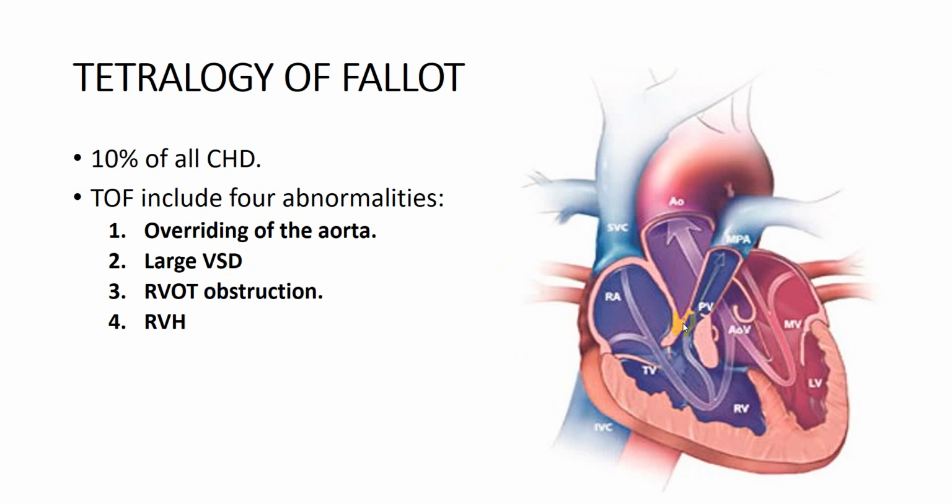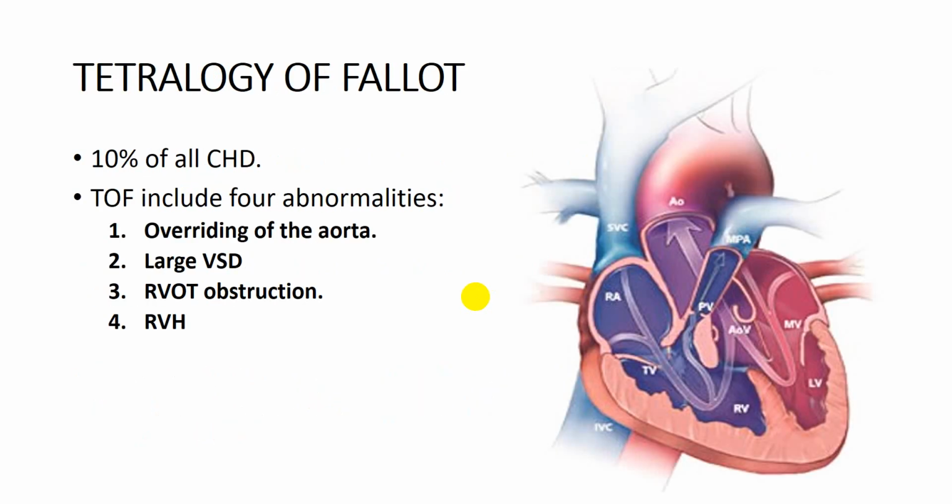The obstruction could be subvalvular, below the pulmonary valve, or valvular, that means pulmonary stenosis, and sometimes supravalvular stenosis involving the peripheral pulmonary arteries. The fourth part of the tetralogy is the right ventricular hypertrophy. So tetralogy of Fallot is composed of 4 abnormalities: the overriding of aorta, large VSD, RVOT obstruction, and right ventricular hypertrophy.